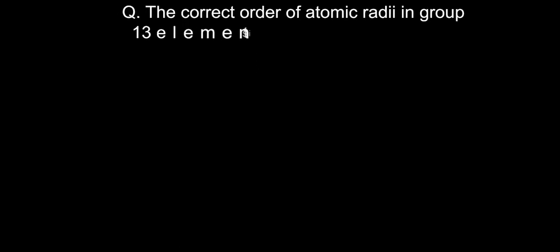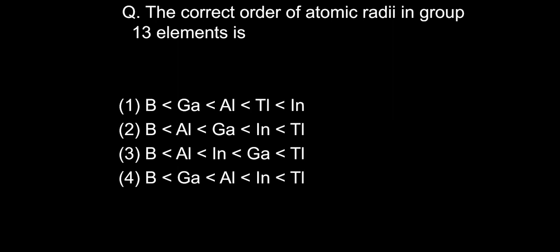The correct order of atomic radii in group 13 elements is this. Now, some of you may take it as a very easy question, and from the general idea about atomic radii, what we know is that when we move down any group, the atomic radii always increases. Is it not?